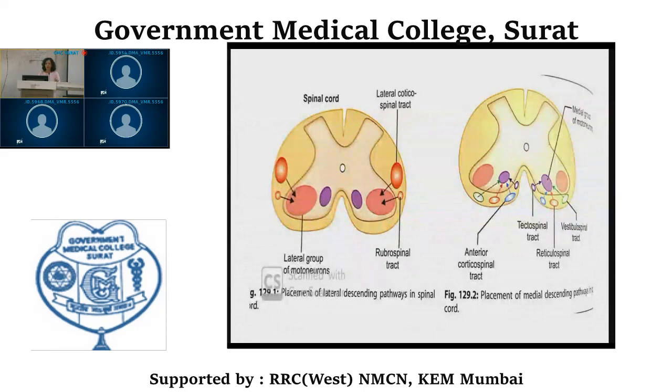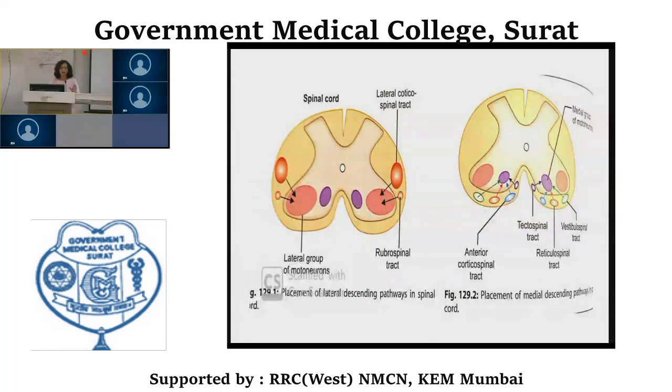The extrapyramidal fibers are the ones which do not pass through the medullary pyramids. The other way of classification is the lateral group of tracts and the medial group of tracts.